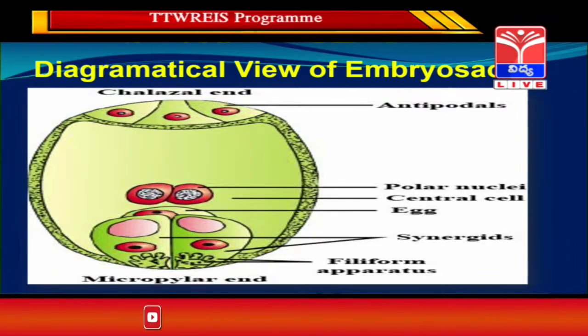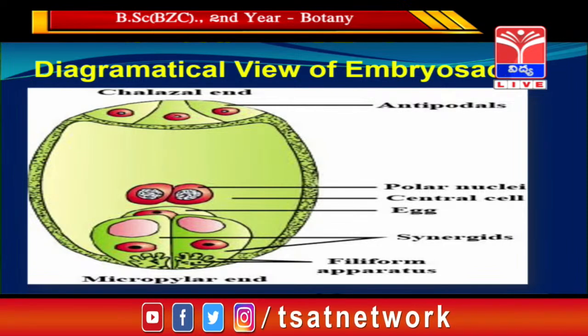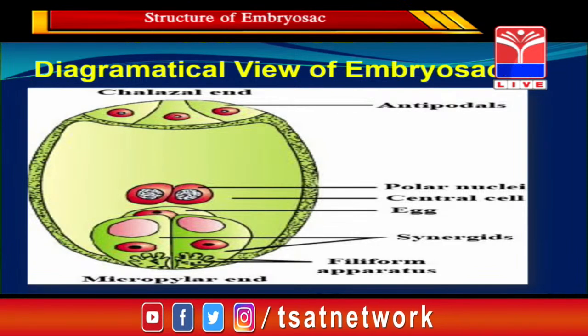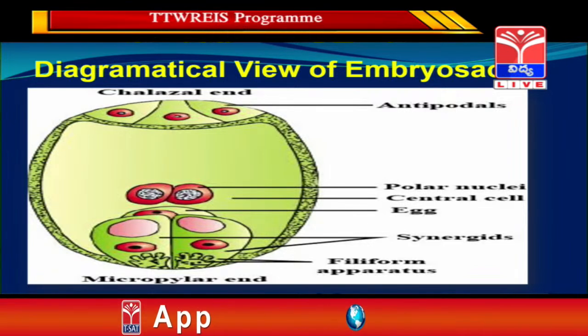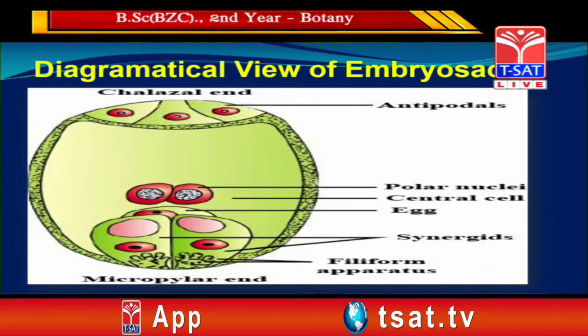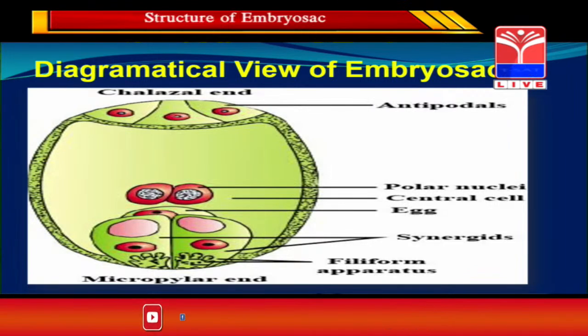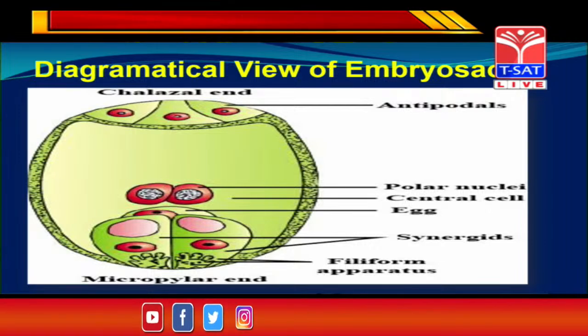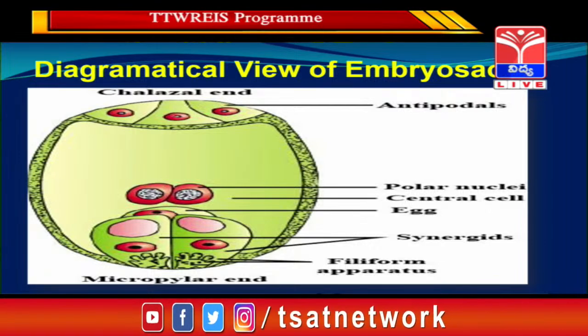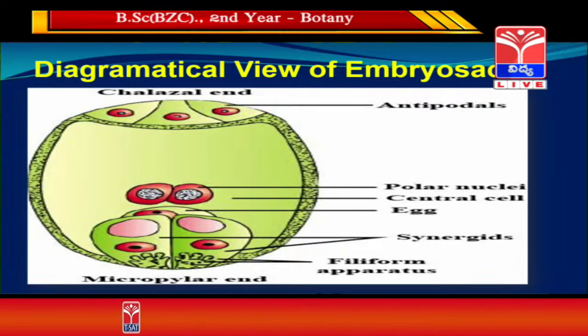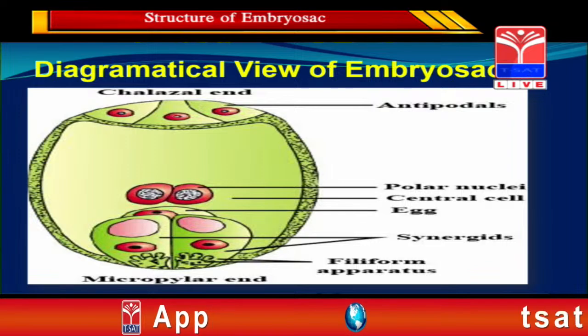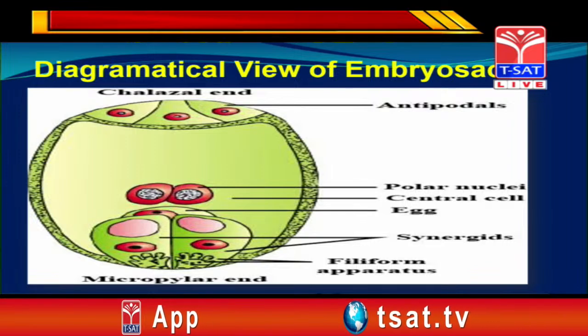In the middle of the embryo sac is the polar nuclei, which fuse to form the secondary nucleus. In the lower part of the embryo sac, the chalazal end, are the antipodals. In this diagram the red color is the polar nuclei. The finger-like projection or cellular thickening in the synergids is called the filiform apparatus.